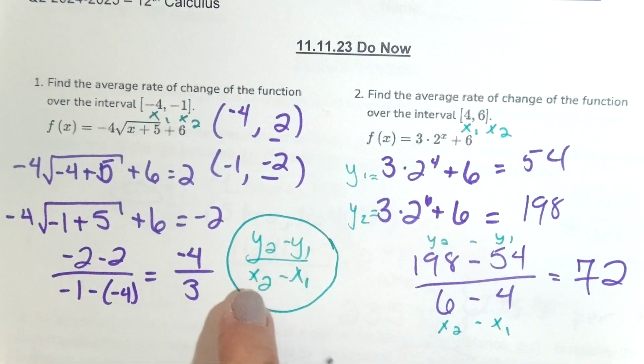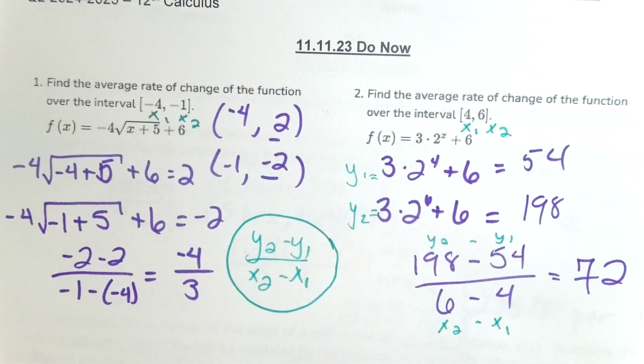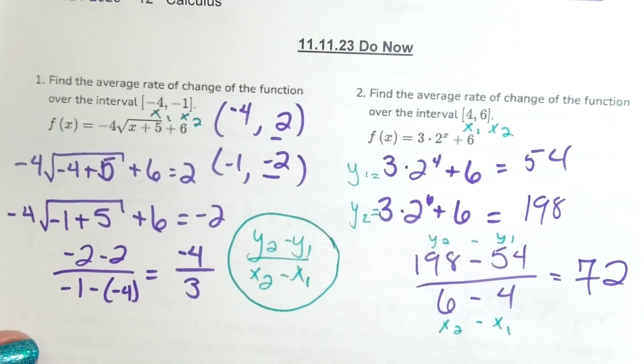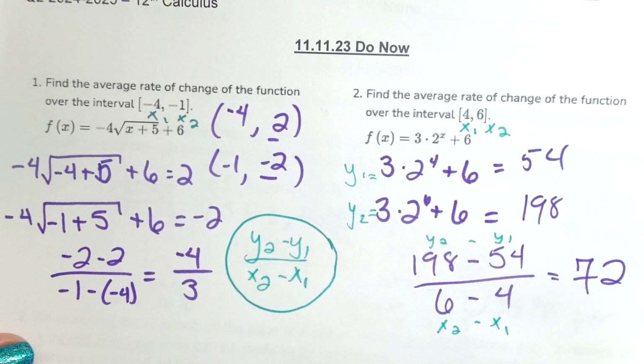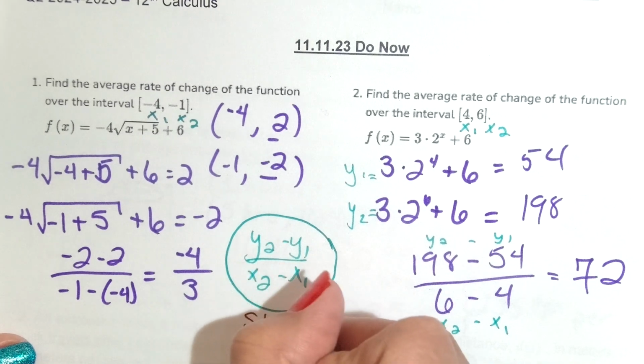Very good. What is this called, Anthony? You forgot what this is called. What is this called? Anybody? If we don't know, look back at our notes from Thursday. It starts with an S. Slope formula. This is the slope formula.